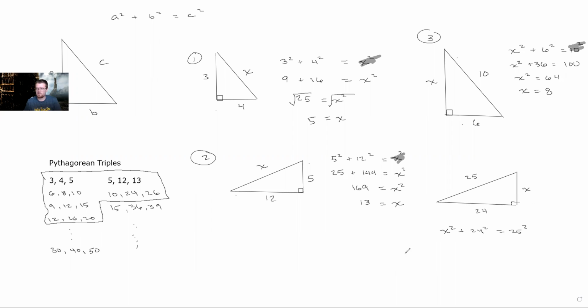And you can use a calculator if you need to. The calculator is enabled on the assignment. 24 squared is 576. 25 squared is 625. Subtract those values, you get x squared equals 49. And then take the square root, ignoring the negative value, you get x equals 7.